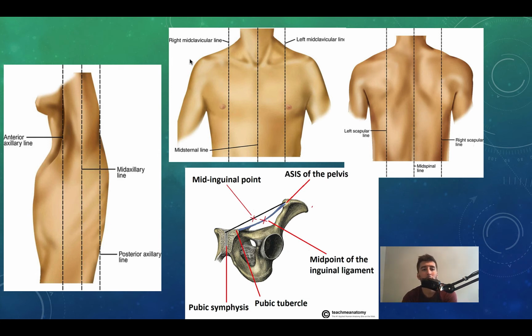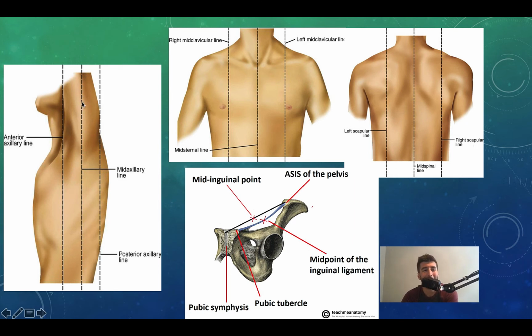So you can see the mid-ax. This guy doesn't have any armpit hair, I guess it could be a female, but it's running directly through what would be the middle of an imaginary armpit right now, basically cutting directly down the ribs, directly down the center of the ribs.